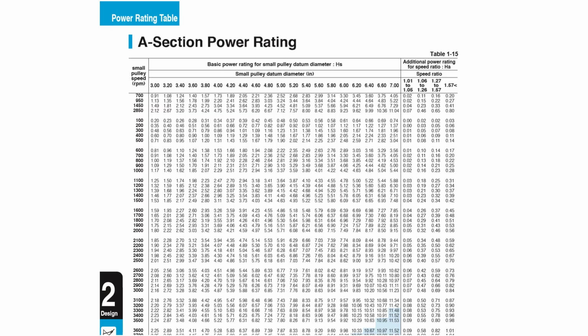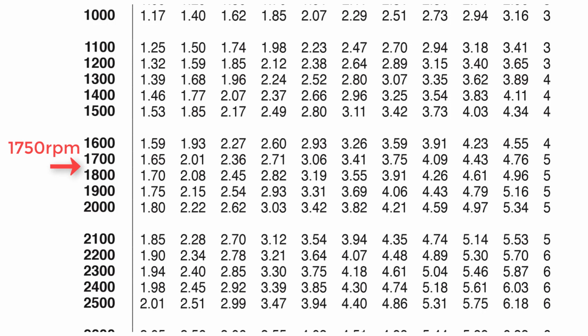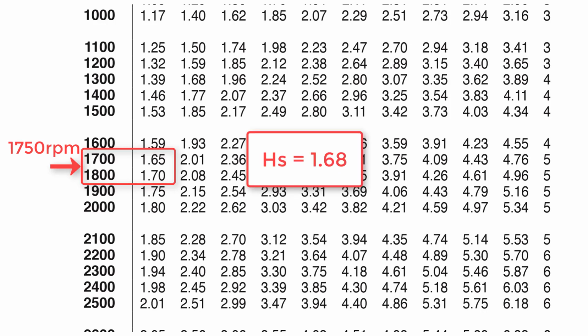If we look at this table 115, to get HS, our basic power rating per belt, we go for the minimum pulley diameter of 3 inch. Since our minimum pulley diameter is 3 inch and the speed of the small pulley is 1750 RPM, we need to do an interpolation so that our value of HS is 1.68.